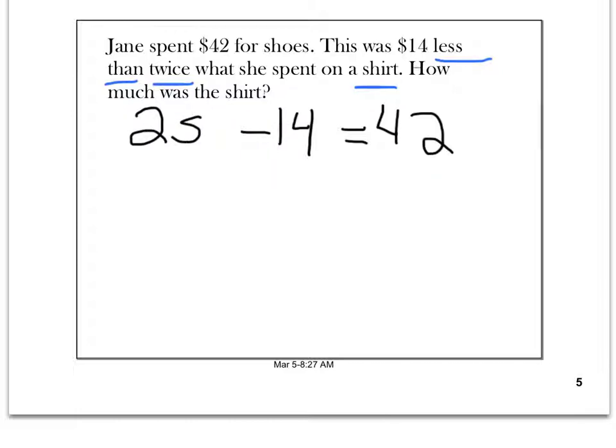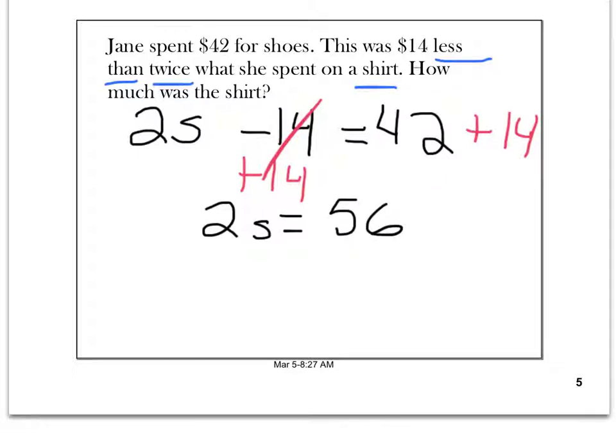shirt, so 2s. Now I have an equation that you've seen before, so to solve, follow the same steps, add 14 and add 14, that will cancel, leaving you with 2s equals 56.